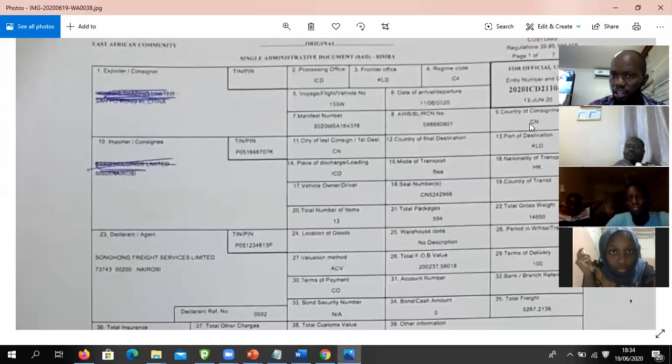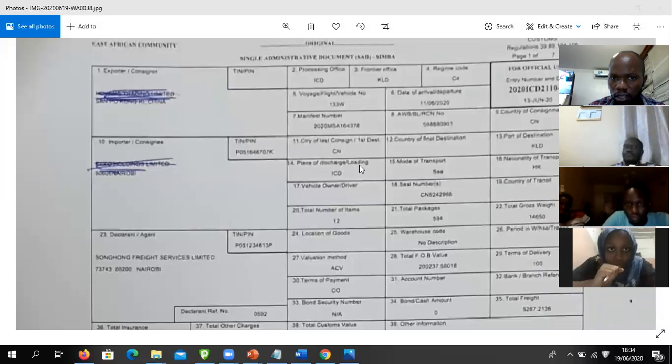Country of consignment is China. CN is China. They're usually in the form of acronyms. This is China. Country of last consignment. Country of final destination. Some of these might not be that important. Place of discharge. Mode of transport.